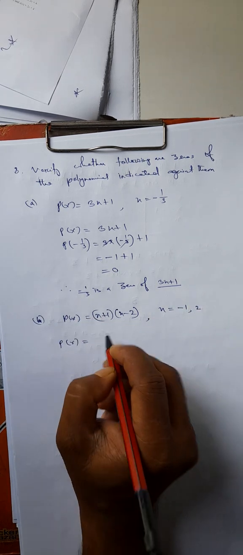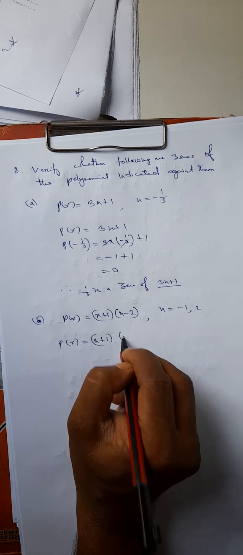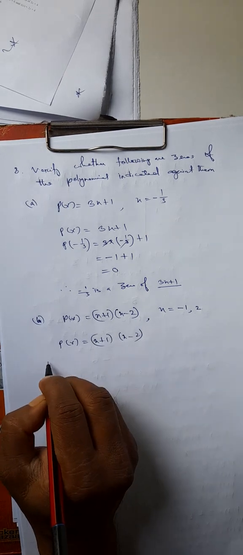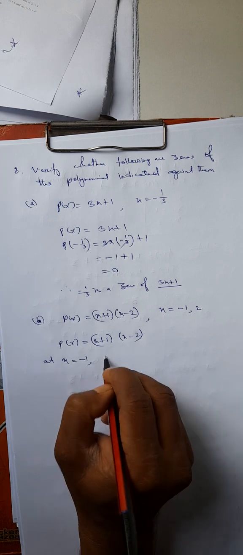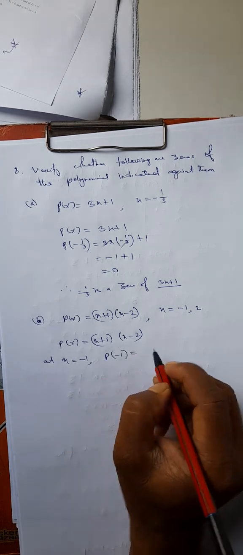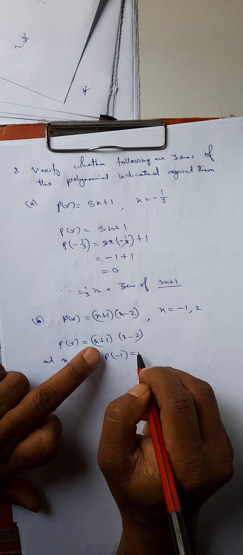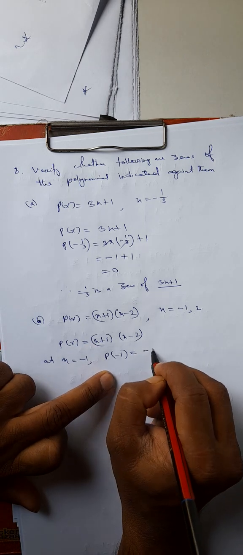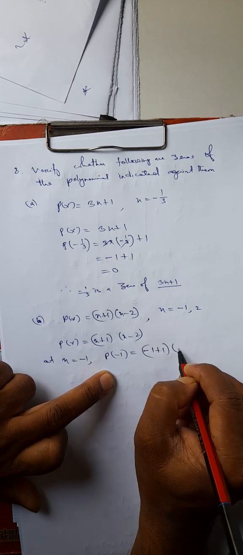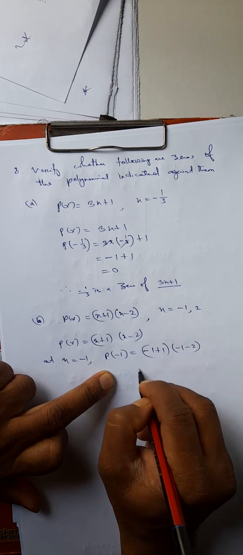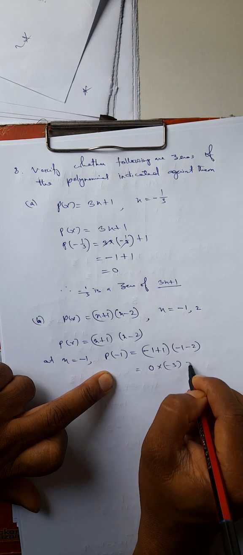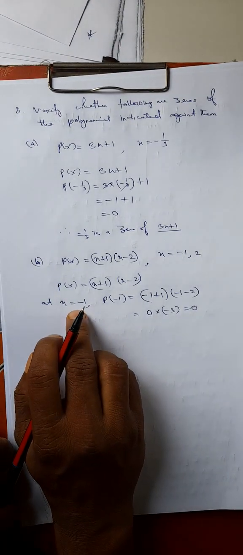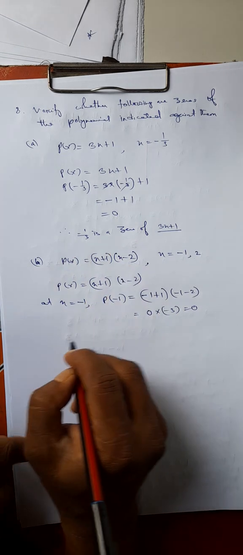At x equal to minus 1, that means P(minus 1), when you put x equal to minus 1, you find minus 1 plus 1, minus 1 minus 2. This becomes 0 into minus 3 equal to 0. That means minus 1 is a zero of this polynomial.